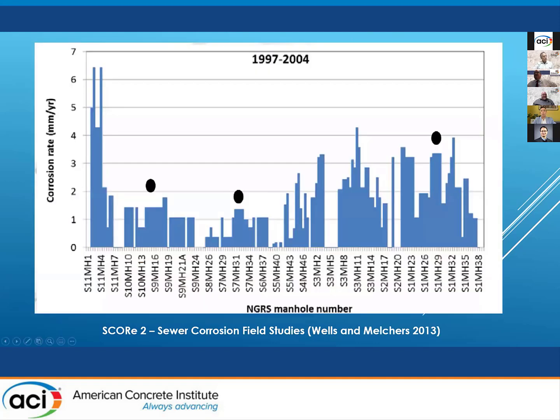And this is some rates of corrosion in different manholes on a facility in Sydney. Just highlighting one of the points, very highly variable rates of corrosion can occur.